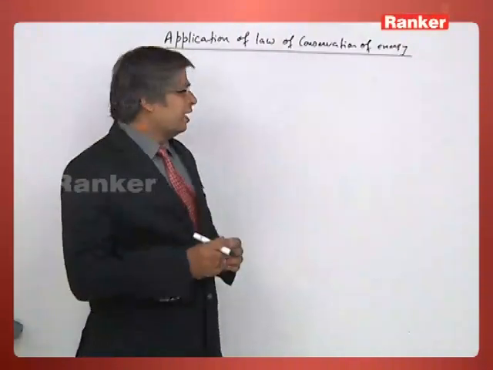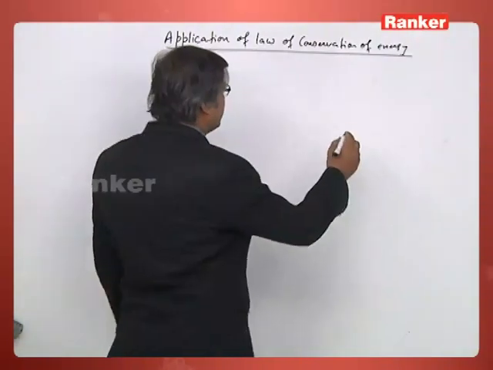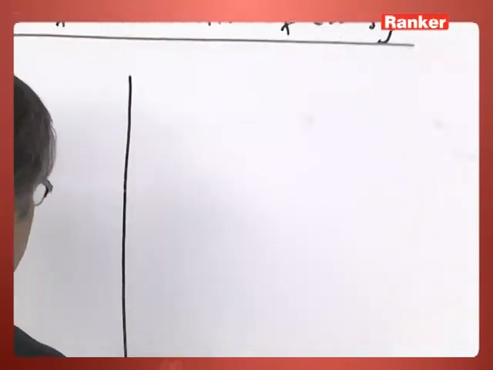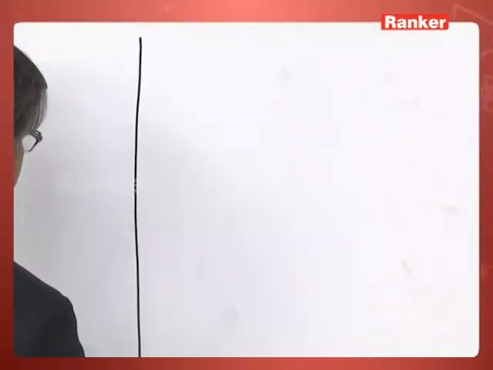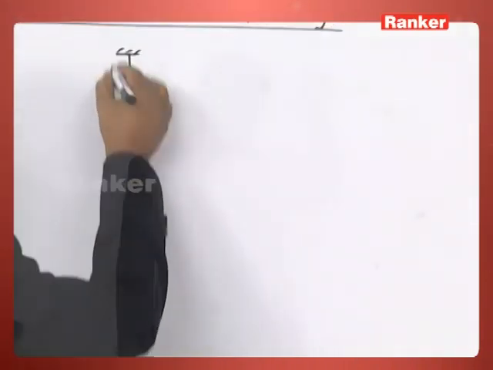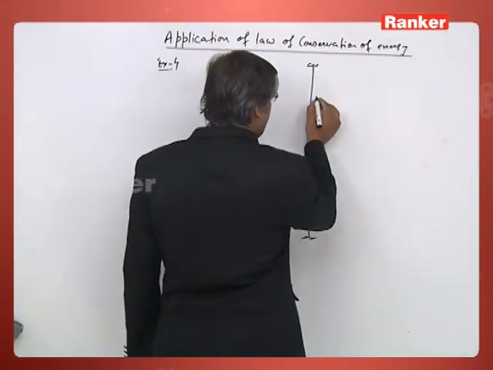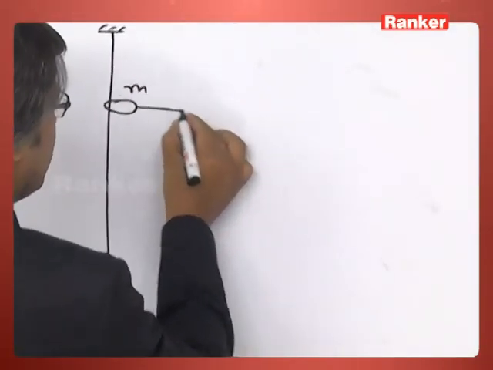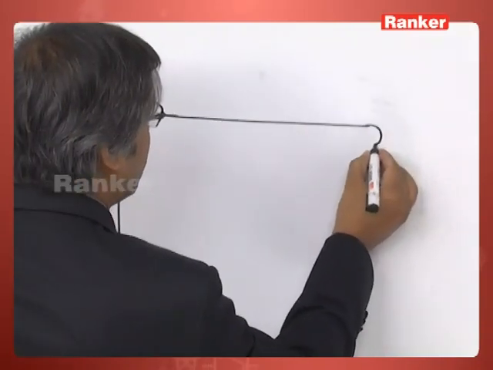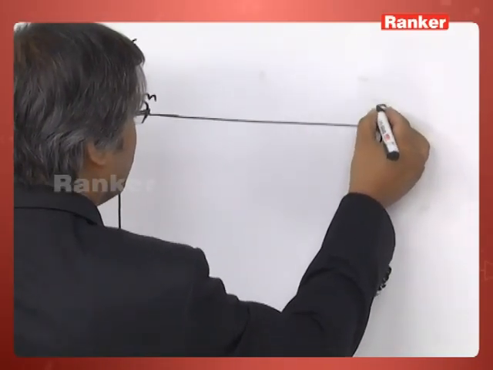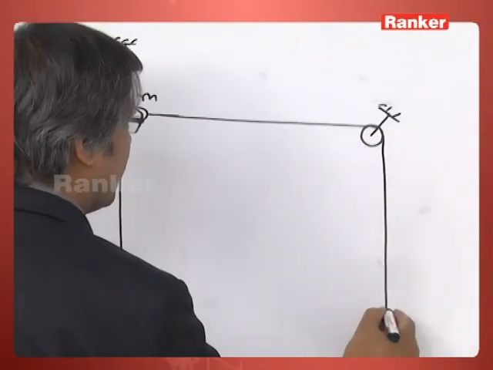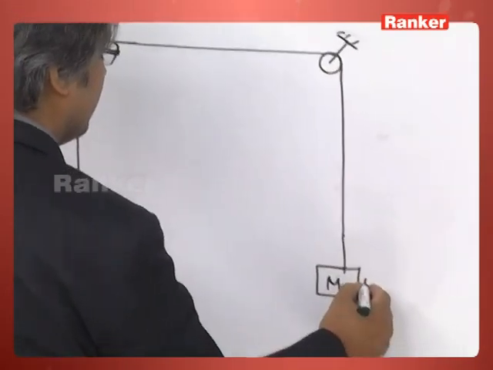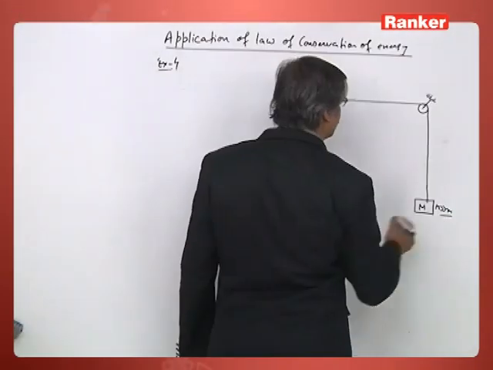Now let us take another example. So this time I have a rod here. This rod is fixed. This is the vertical rod fixed, and we have a ring of mass small m connected with an inextensible thread which passes over a pulley, and to the other end is a hanging mass M. This M is greater than m.